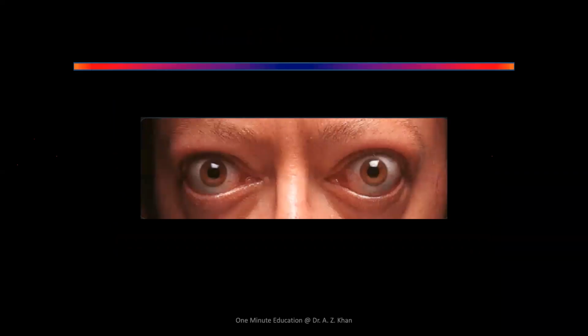What is this? One mark for naming the sign and 1 mark for describing which disease it is in. Done. Okay, this is the Dalrymple sign.